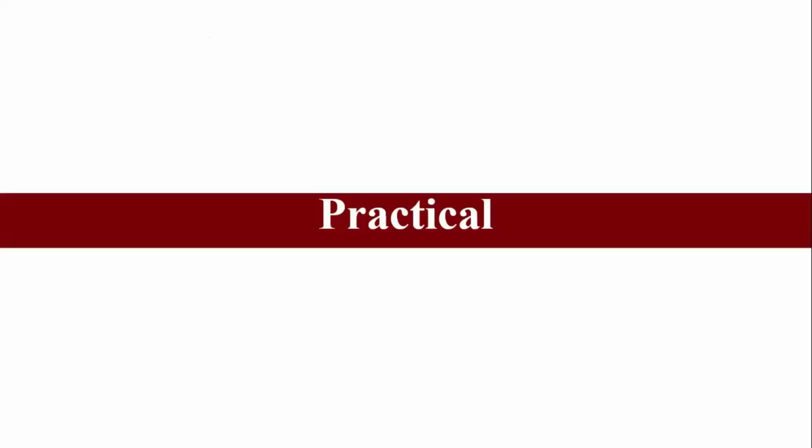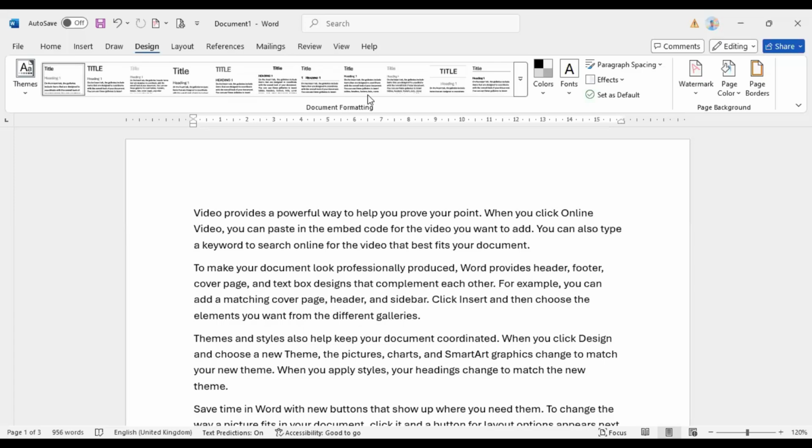So we'll move to practical now. As always, let me just share my screen for you. Okay. So this is Microsoft Office, and this is our interface. In our menu bar, as you can see, in file, home, insert, there is design here.